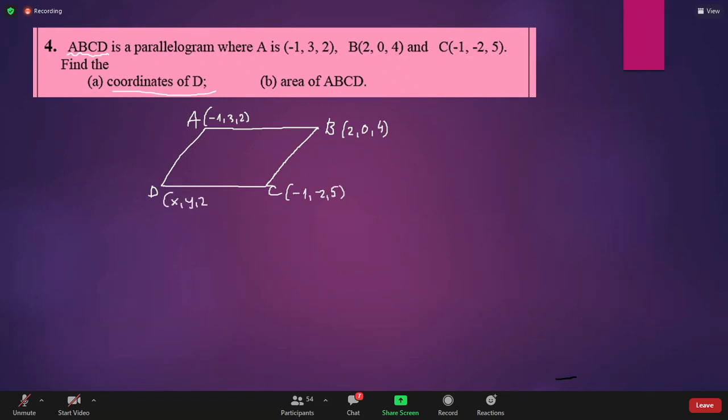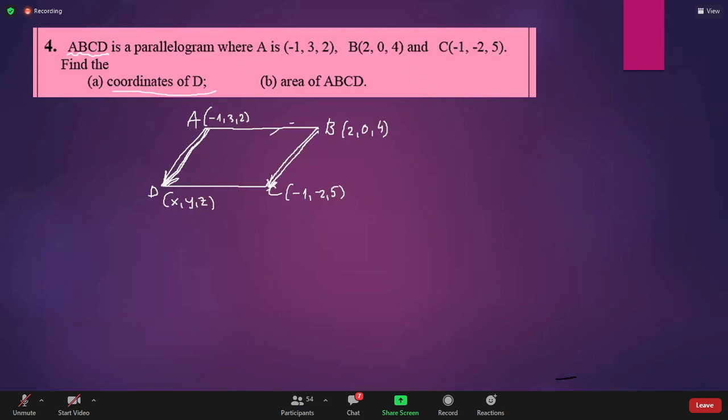Remember, there were two ways of finding this. One way was, let's take two vectors and say they must be equal. For example, the vector from A to D must be the same as the vector from B to C. If we have two equal vectors, then, of course, AD and BC, sides of the parallelogram, are parallel and they are congruent, same length.